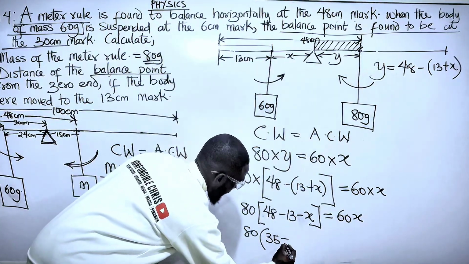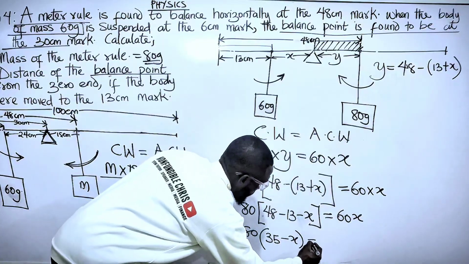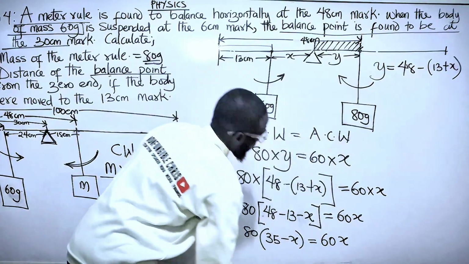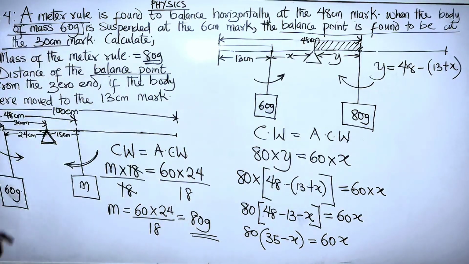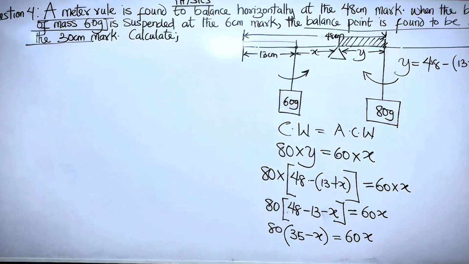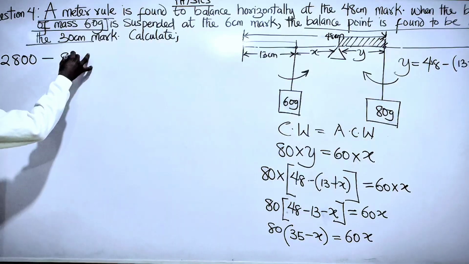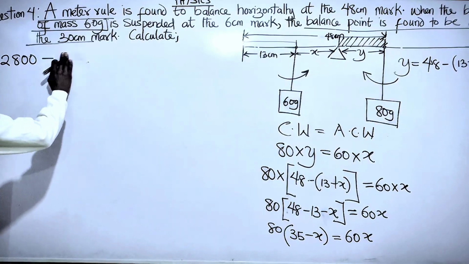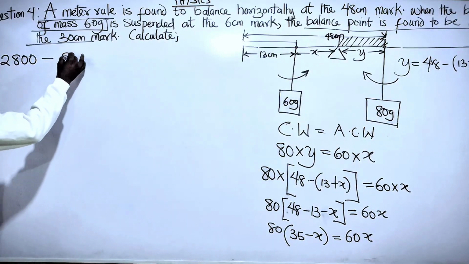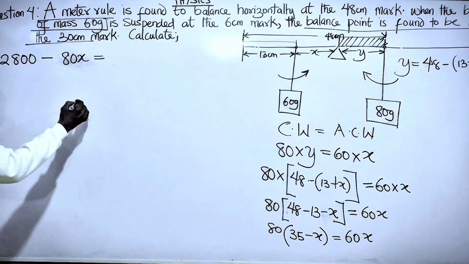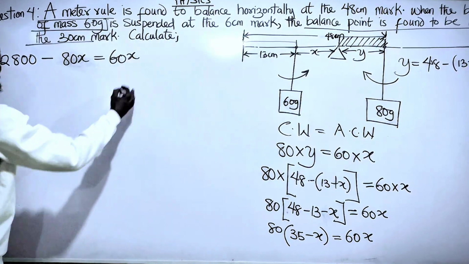So we have 80 times 35 minus x equal to 60x. If we perform this further, I'll have to clean this part of the board so that we can see properly what we're doing. That gives us 80 times 35, which is 2,800, minus 80x, equal to 60x, right?